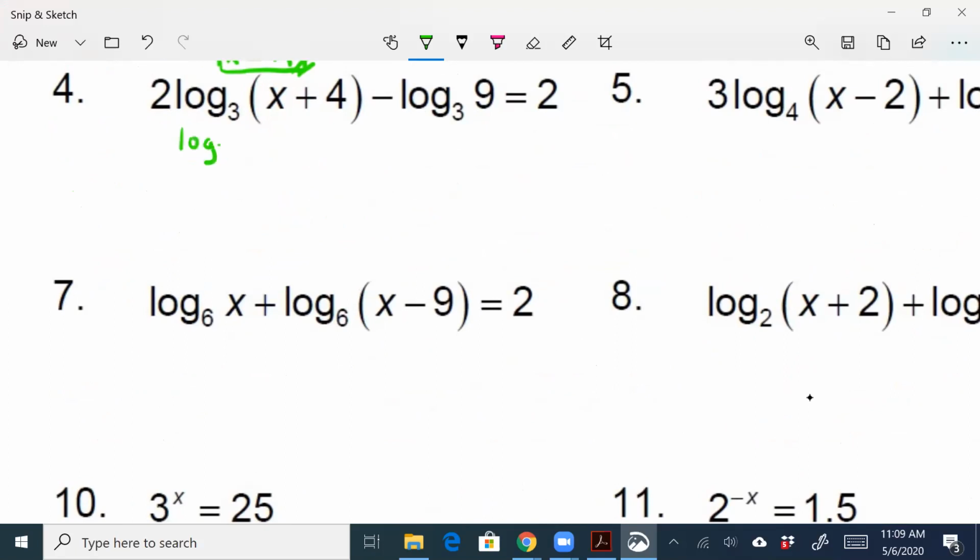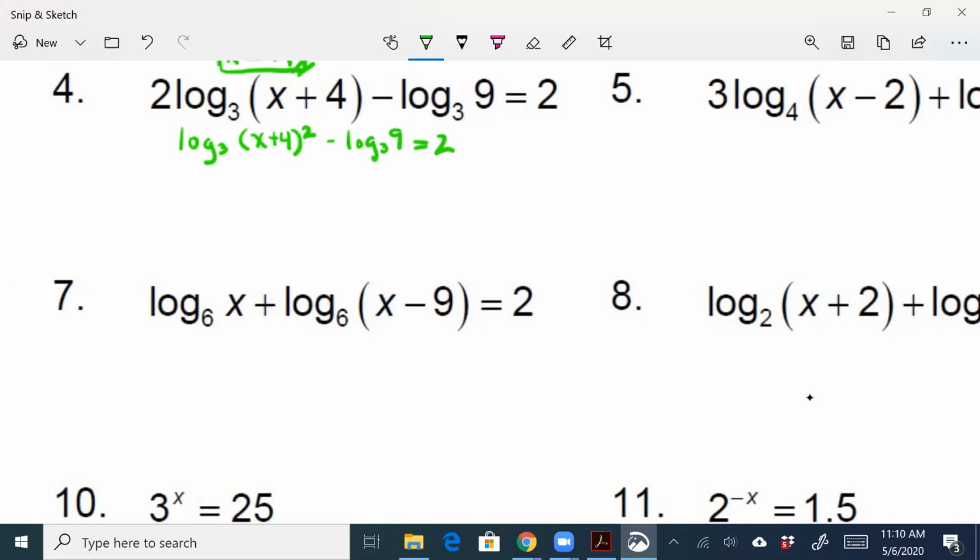We're going to take log base 3 of the quantity x plus 4, and we're going to use this 2 that's out in front. We're going to bring it up here as an exponent 2, minus log base 3 of 9, and that's all equal to 2.